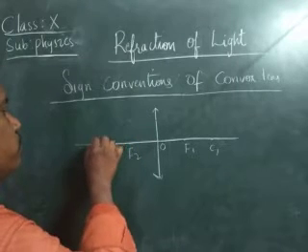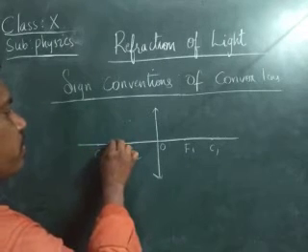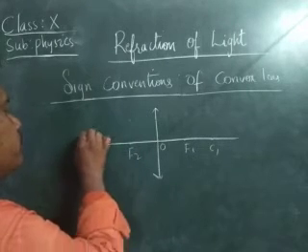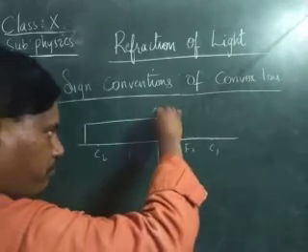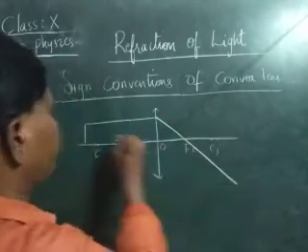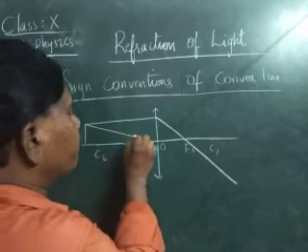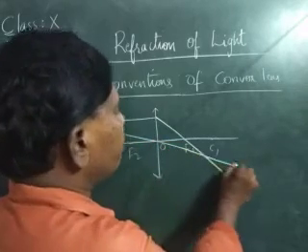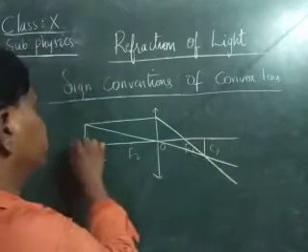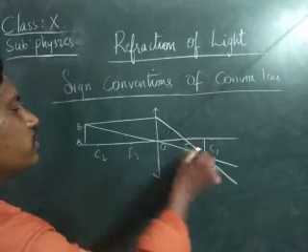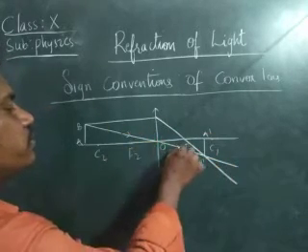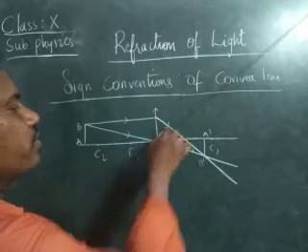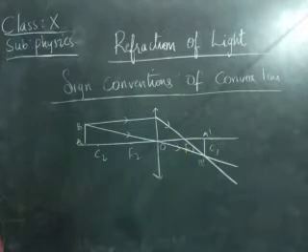And the object is beyond C. The image is formed over here. This is the object, this is the image. This is the figure, and the object is beyond C.